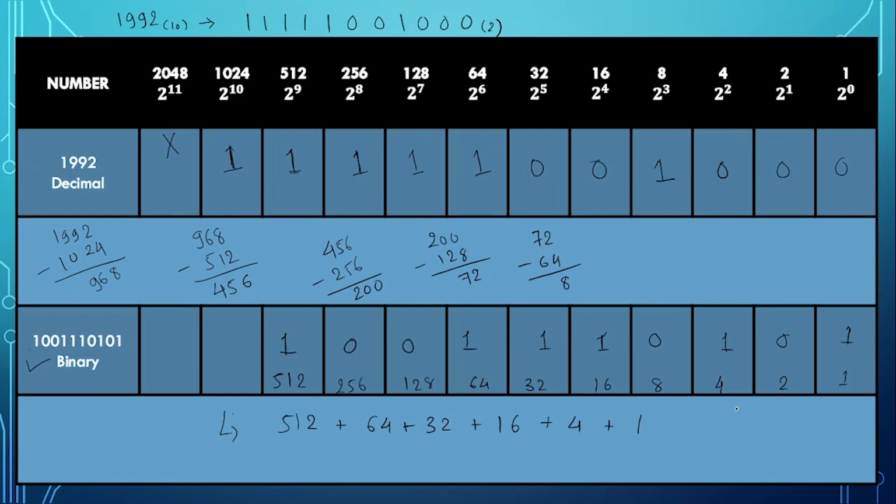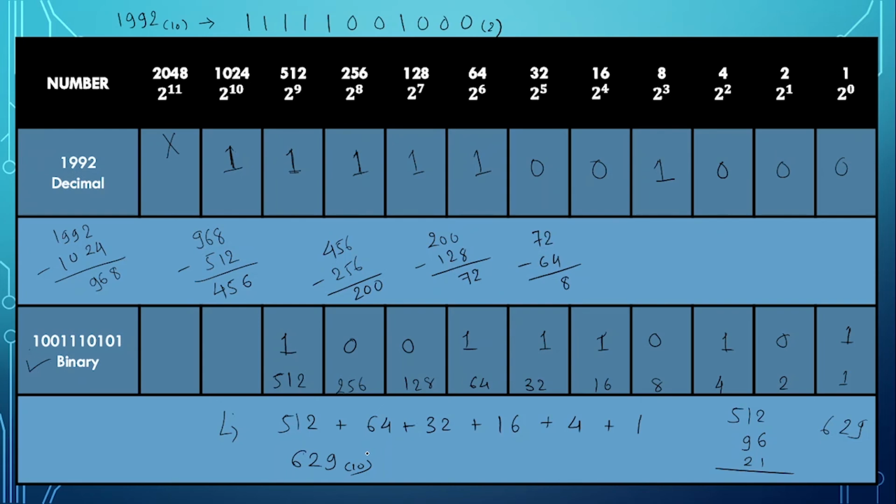Okay, let us do it over here. 512, then 64 plus 32 is 96, and 16 plus 4 plus 1 is 21. So the total is 629 in decimal.